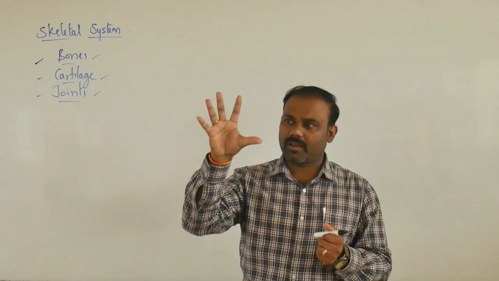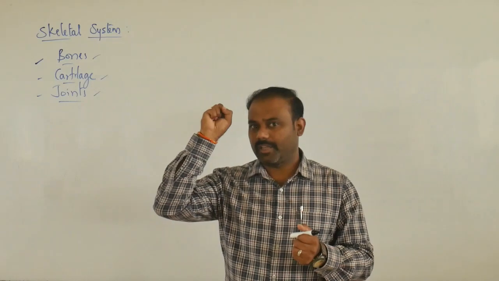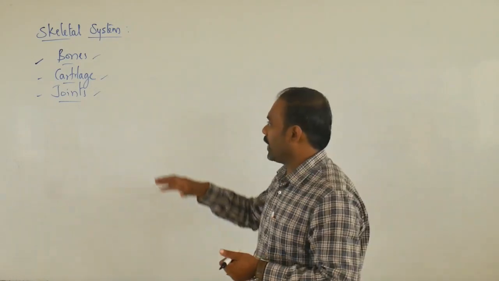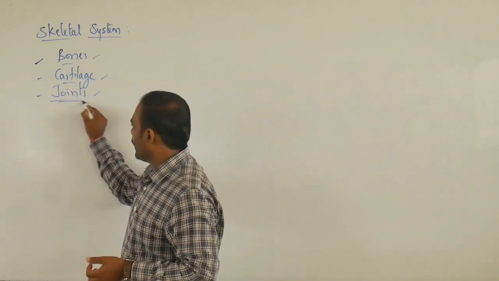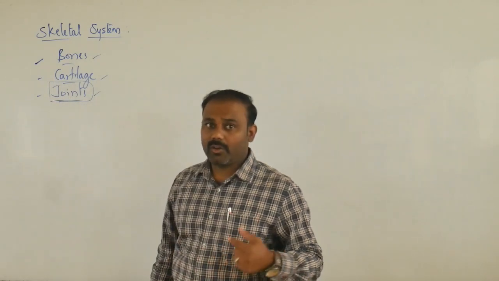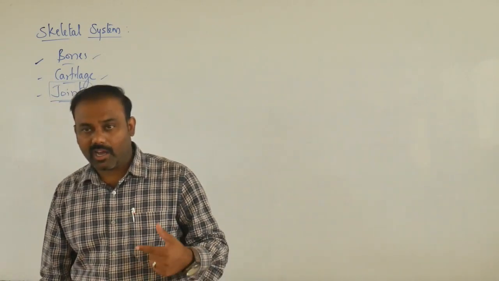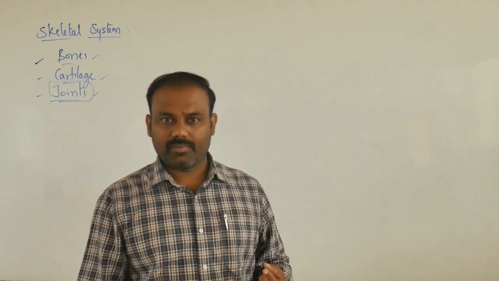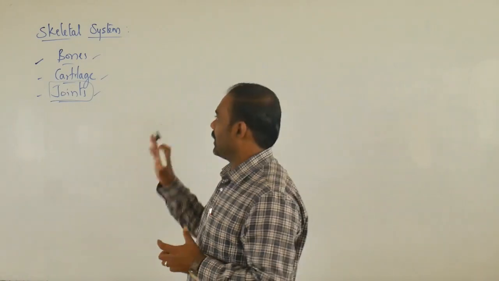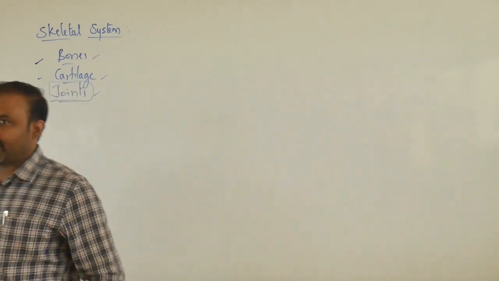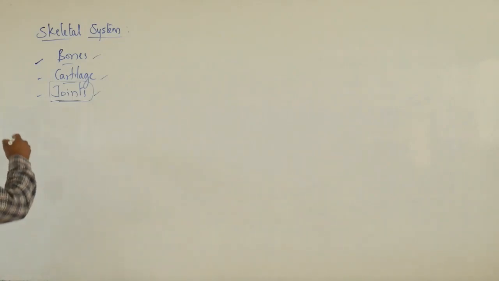While writing also some kind of movements take place, and all those things take place only in the presence of joints. What are those joints and how are they functional? That can be understood in the human skeletal system. So in brief we'll discuss.